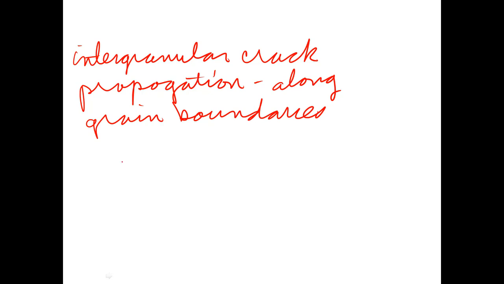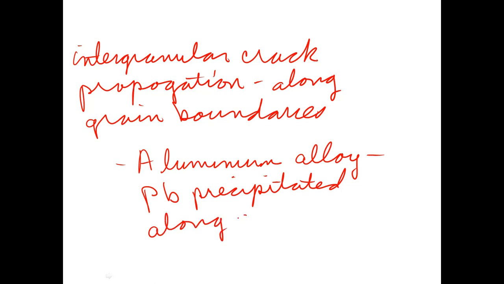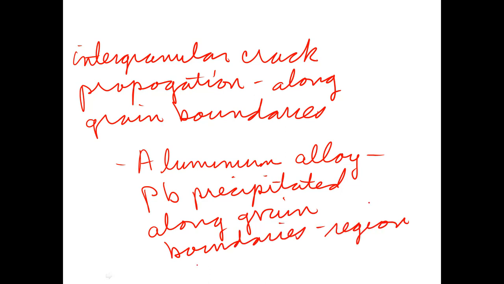One case that's been discussed in the literature is an aluminum alloy where they found that lead precipitated along the grain boundaries, creating a region of weakness or low strength.